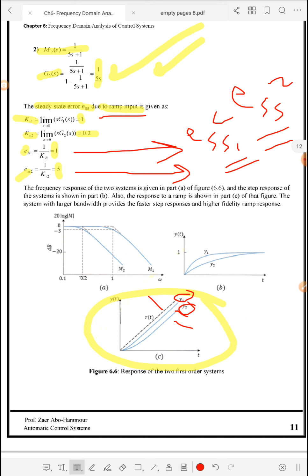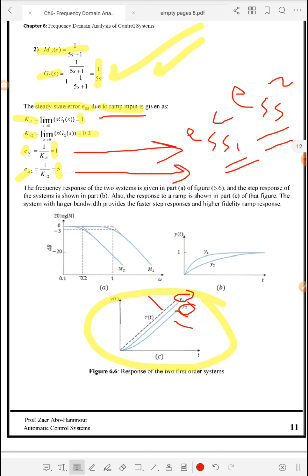So we will go to our main point. We want to see the frequency response and the time response. And we want to see, is there any correlation between the bandwidth from one side and the rise time or the speed of the response from the other side?